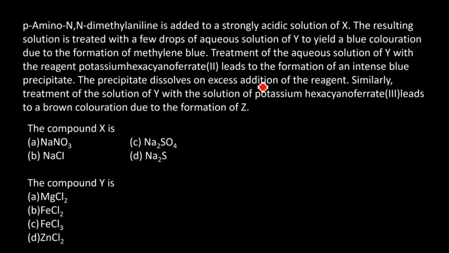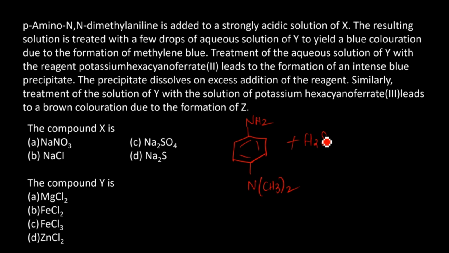So first, para-amino N,N-dimethyl aniline is added to a strongly acidic solution of X. The resulting solution is treated with a few drops of aqueous solution of Y. Okay, so let me take the structure, which is para-amino N,N-dimethyl aniline, added to the strongly acidic solution to produce X. So it is treated with H2S.